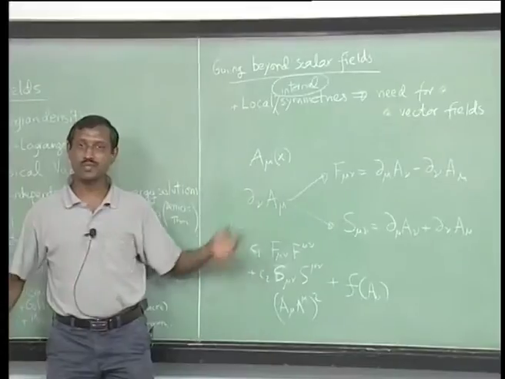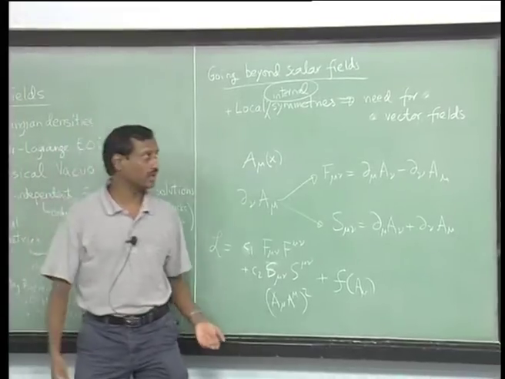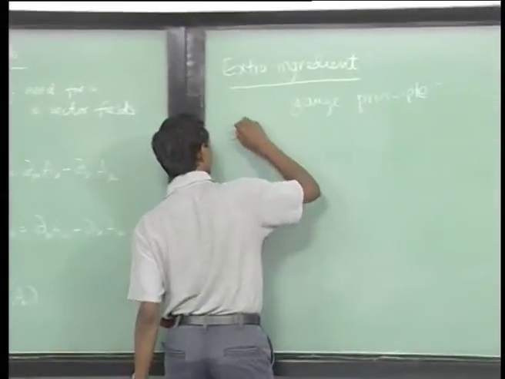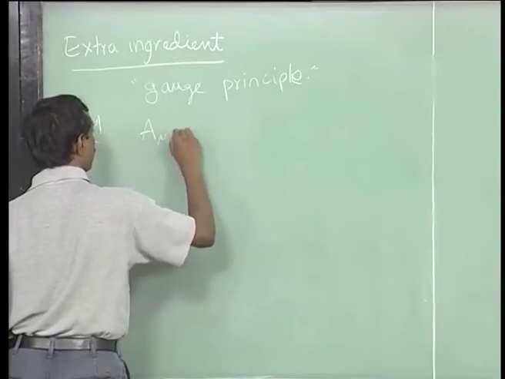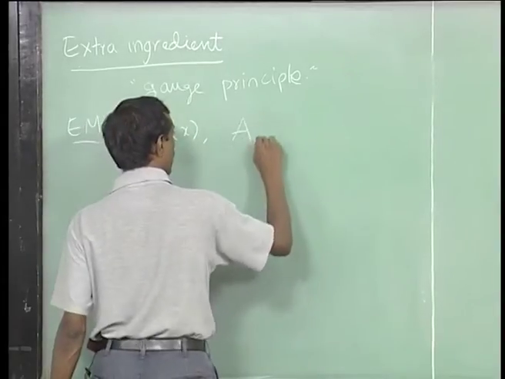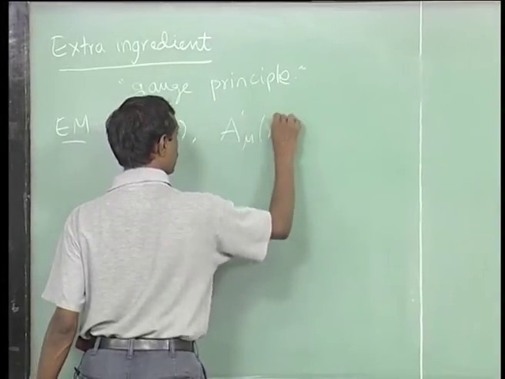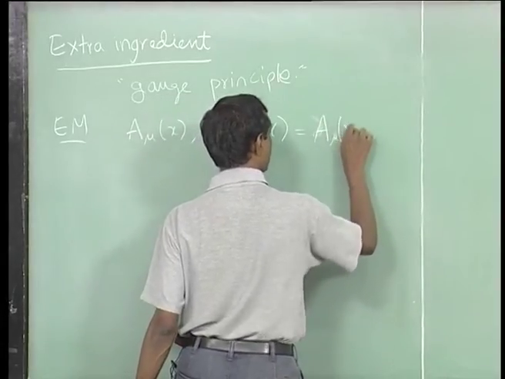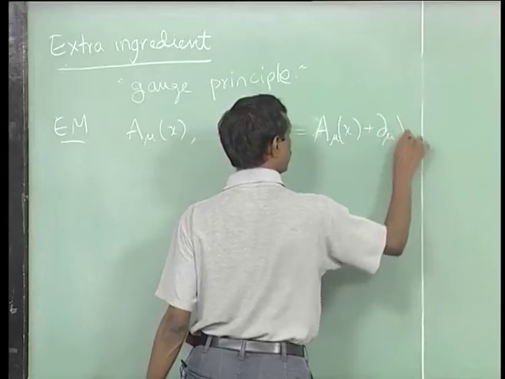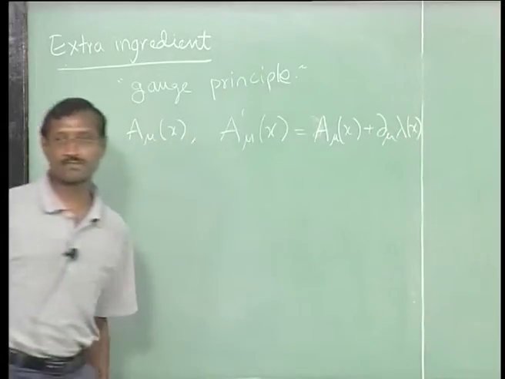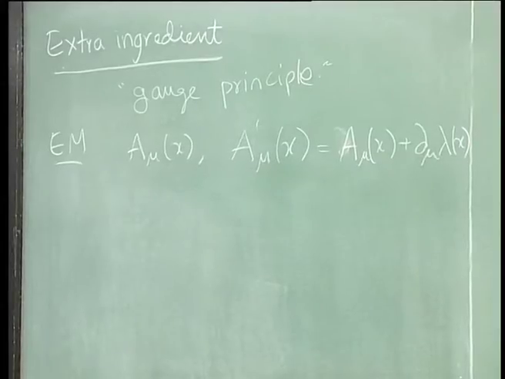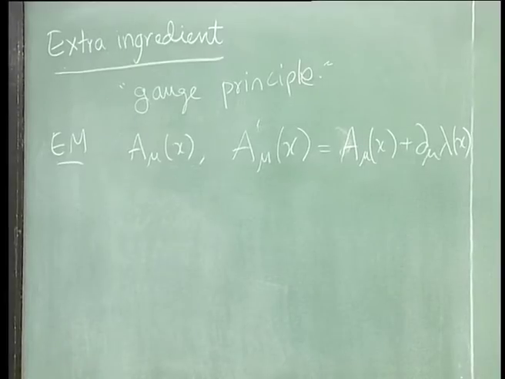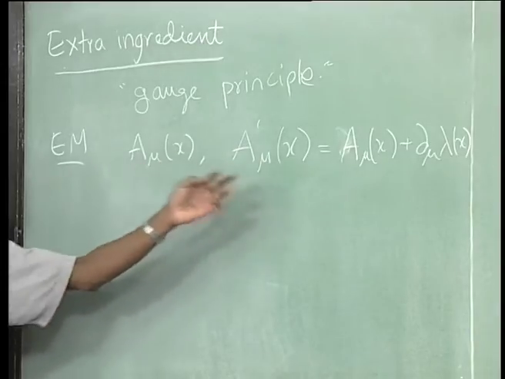So, we saw that in electromagnetism, you know that if you give A mu of x and another A mu prime of x, which is A mu of x plus some d mu of some scalar, okay, both of them give the same electric and magnetic fields, and we would say that these two are gauge equivalent, they are the same.